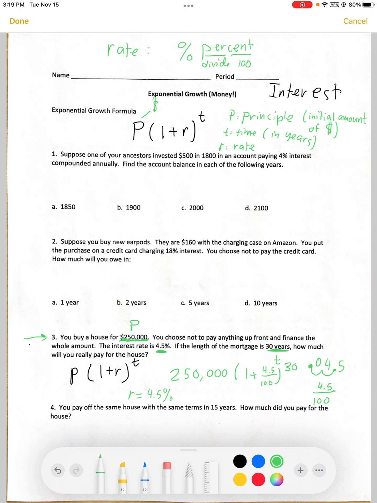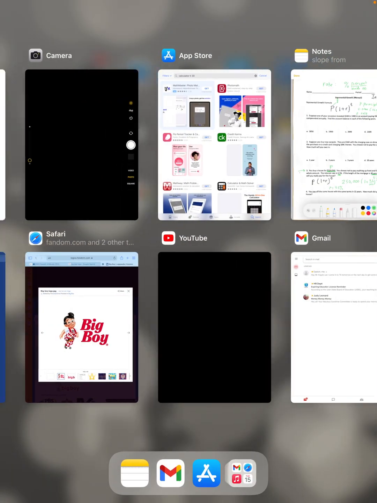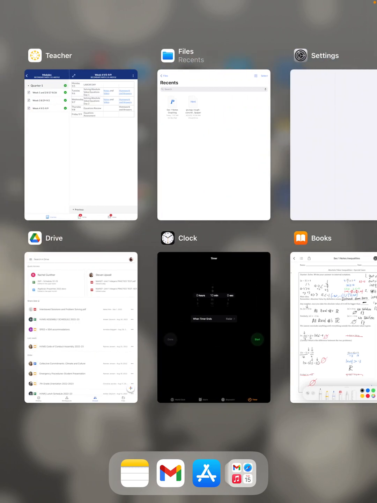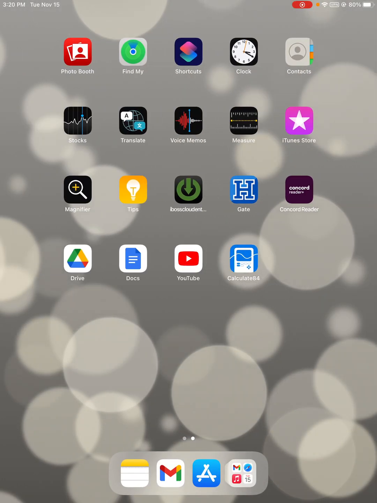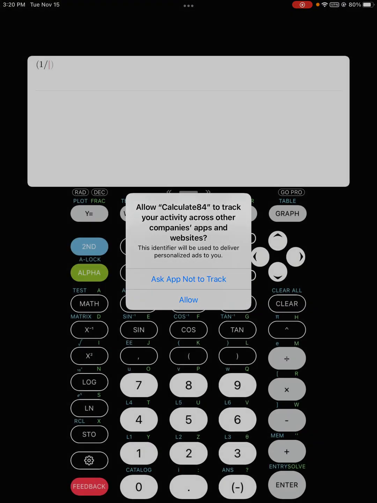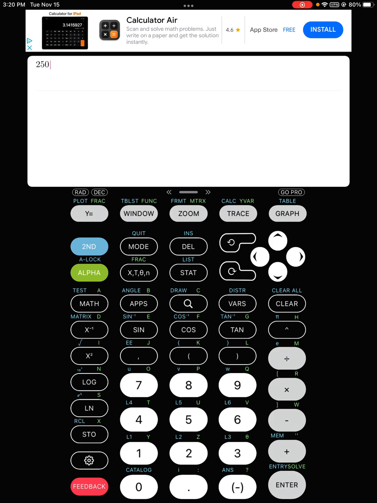From here, we just go ahead and type it into a calculator. Sorry, thought my calculator app was already open, but it was not. So we can just go ahead and type in 250,000 parentheses 1 plus 0.045.